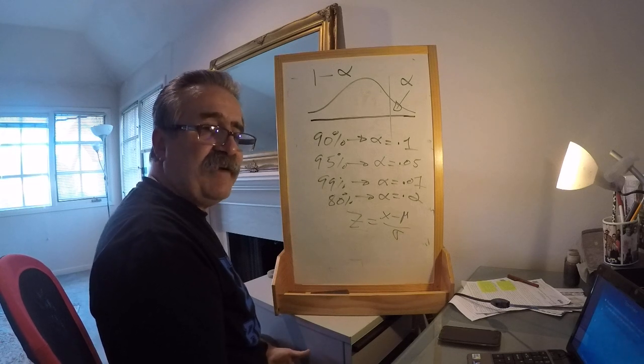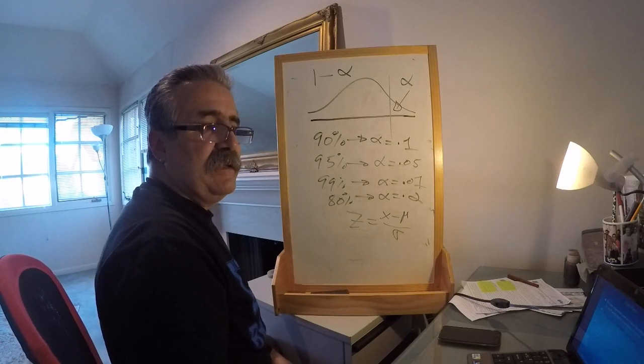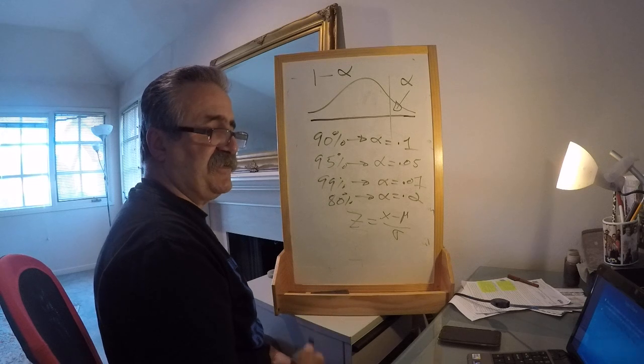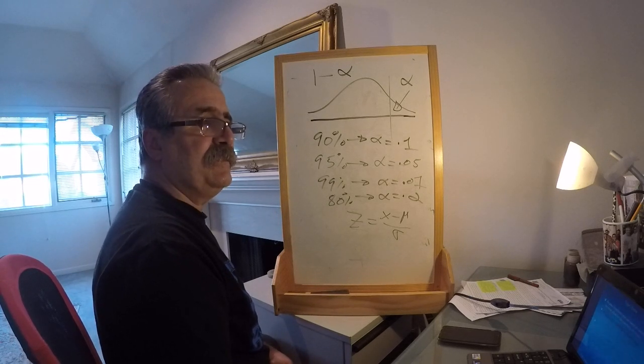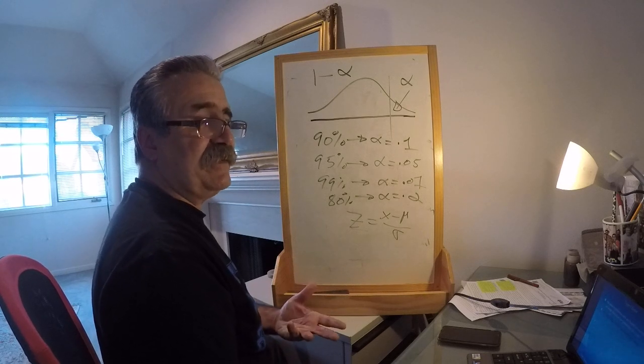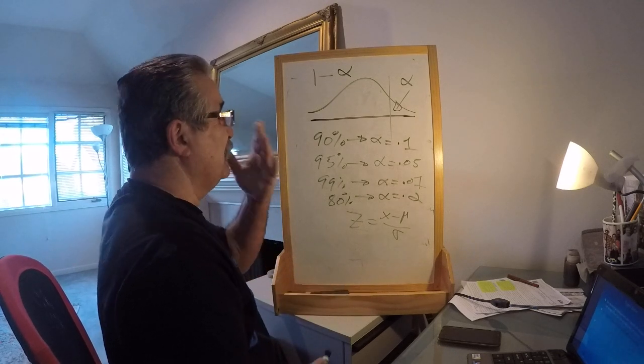If it doesn't provide enough support for our sample to accept H0, then we have to go ahead and reject H0. How is this going to happen, this p-value approach?